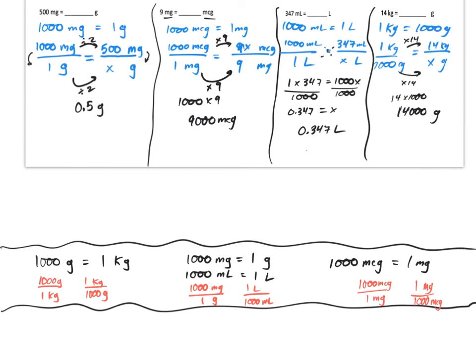And then the final example, kilograms to grams. I know 1 kilogram is equivalent to 1,000 grams. I started by writing the ratio, and just to show you that you can write the ratio in a different way, I started with 1 over 1,000, 1 kilogram over 1,000. The previous ones we had 1,000 in the numerator. It doesn't matter because on the right-hand side of this equation, we're still going to have the units line up.